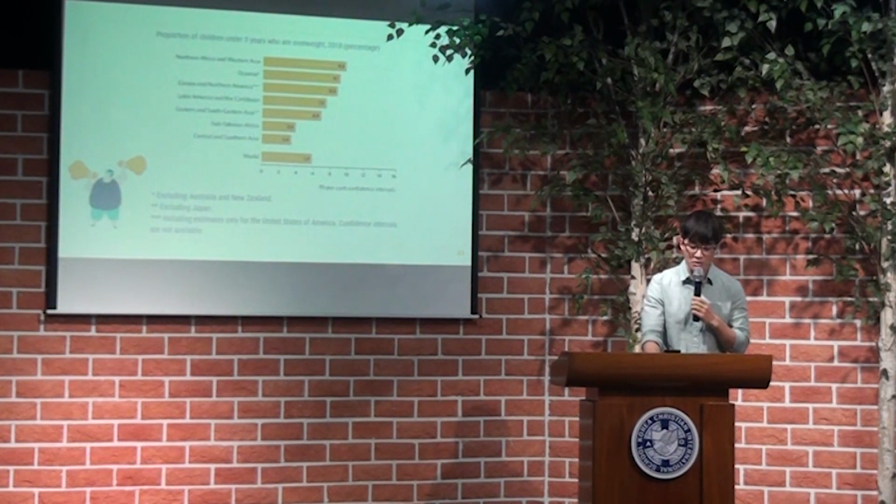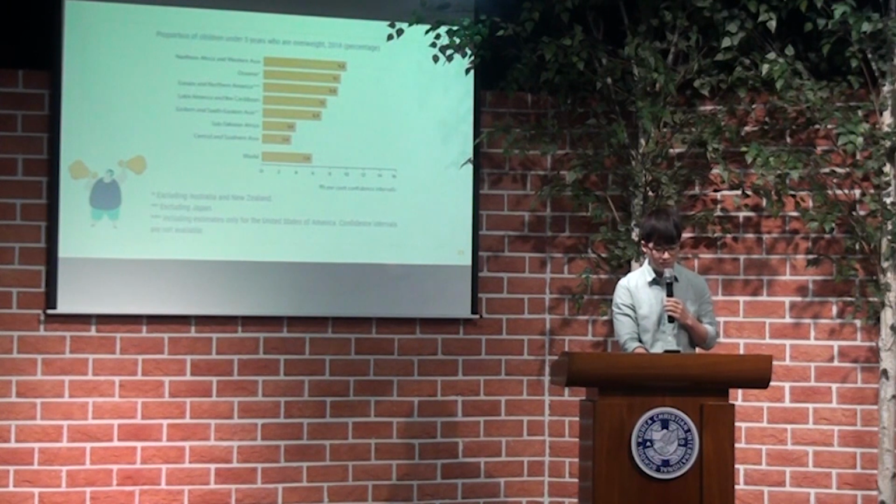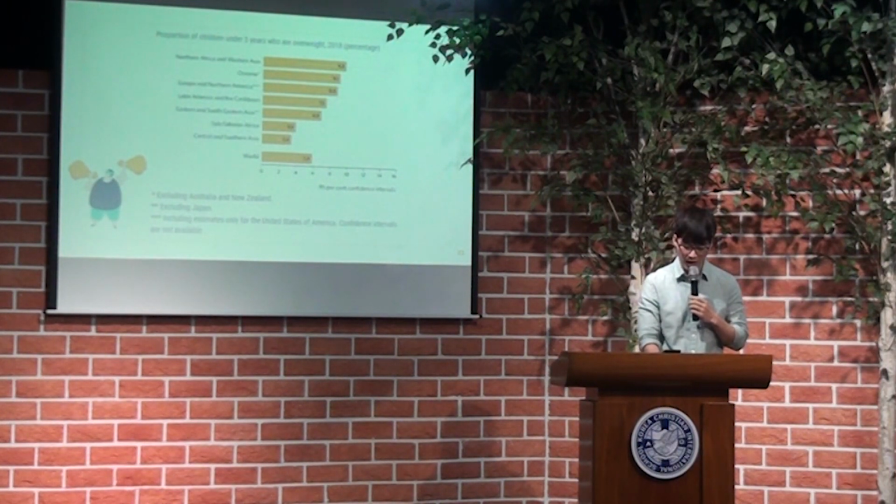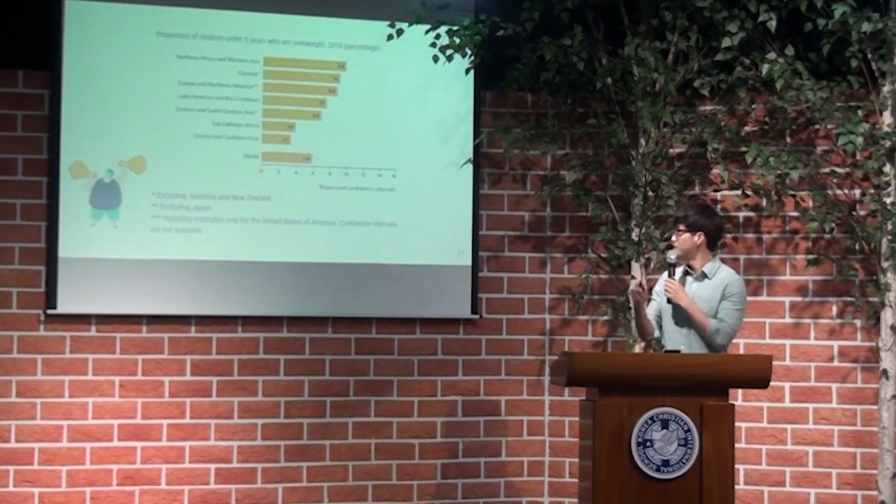In 2018, childhood overweight affected 40 million children under 5 years of age. In 2018, prevalence levels were above 9% in Northern Africa, Southern Africa, Central Asia, and Oceania.